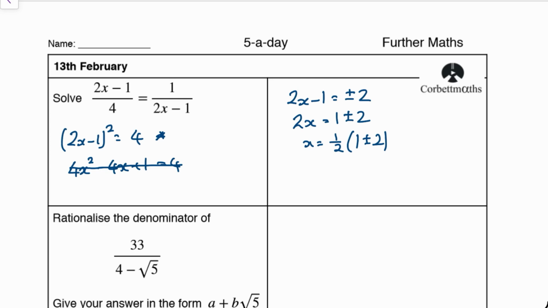Now 1 plus 2 is 3, and 3 divided by 2 gives me 3 over 2, and 1 minus 2 is minus 1, and minus 1 divided by 2 is minus a half. So first question, I've got x equals 3 over 2 or x equals minus a half. I didn't need to do the quadratic expansion, did I? Next question.